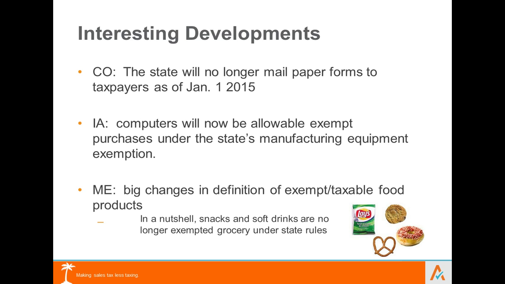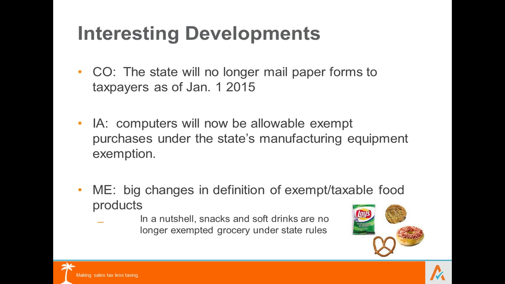Iowa has expanded the type of equipment because I think when all of us, at least all of us born before 1980 or so, hear the word manufacturing, we think of things that make things, right? Assembly lines and pressers and sewers and packages.